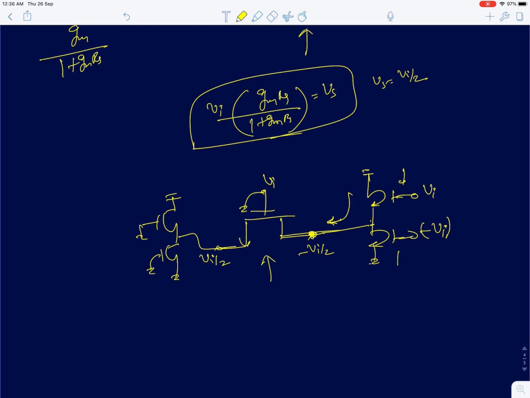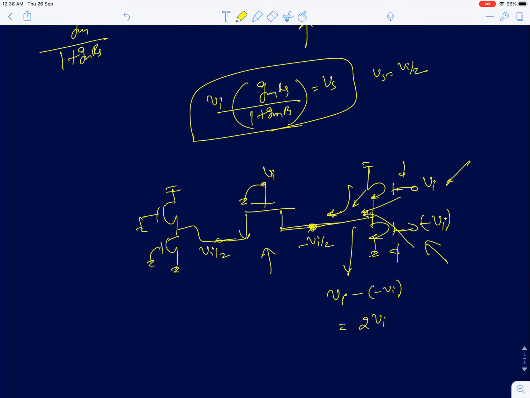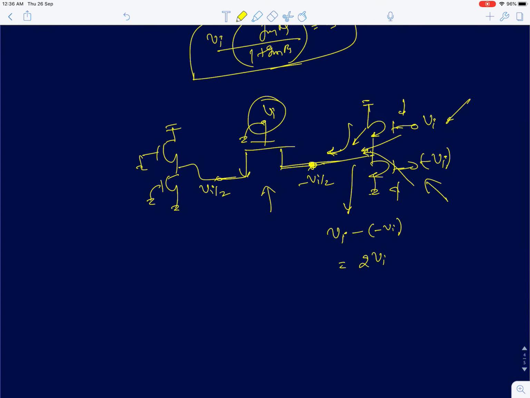Now the gain from these two transistors: here it's going to be Vi. From the first stage, it's a common drain configuration, it will transfer here, and from here to here it will be minus of minus Vi. So you'll actually have 2 Vi because of these two. Now there is already minus Vi by 2 because of this one, so you add all the voltages: 2 Vi minus Vi by 2 is 3 by 2 Vi.